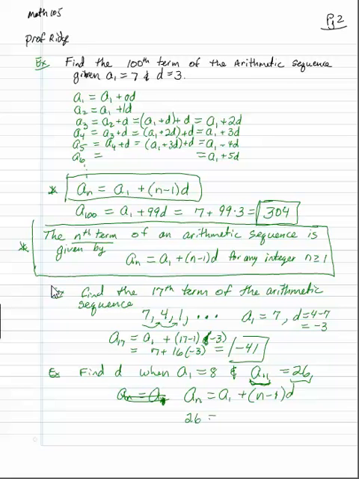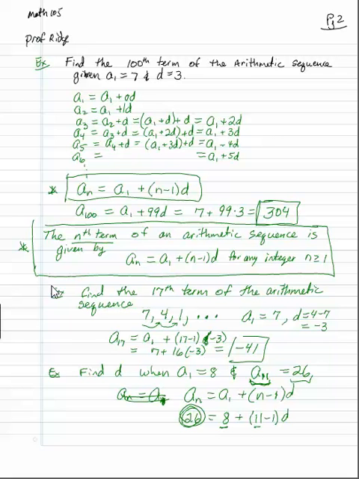26 equals a sub 1, which is 8, plus 11 minus 1 times d, and you're going to solve this equation for d. So we use a sub 11 is 26, so we put 26 for a sub 11, and 11 is the n, and we know a sub 1 is 8.